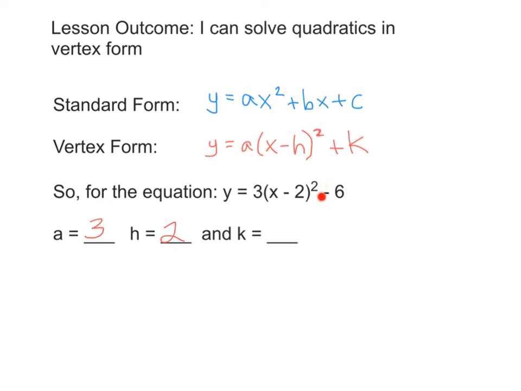Now if it's plus k, but this is minus 6, that means k is negative 6. And we'll talk way more about those different parts of this equation later on in this unit. But for now, what we're going to work on is how would we solve this equation right here to find our x-intercepts, just like we were working on in the previous units. So let's try some of those.